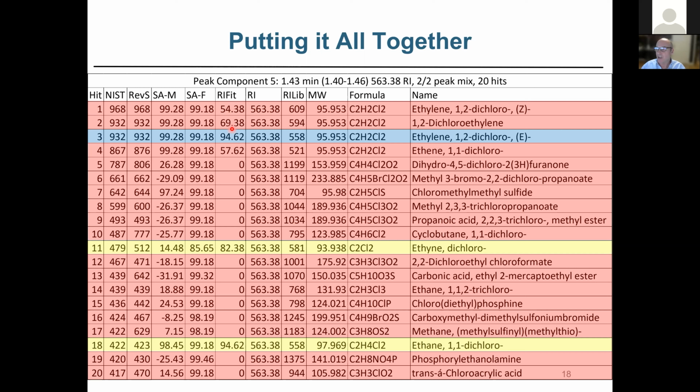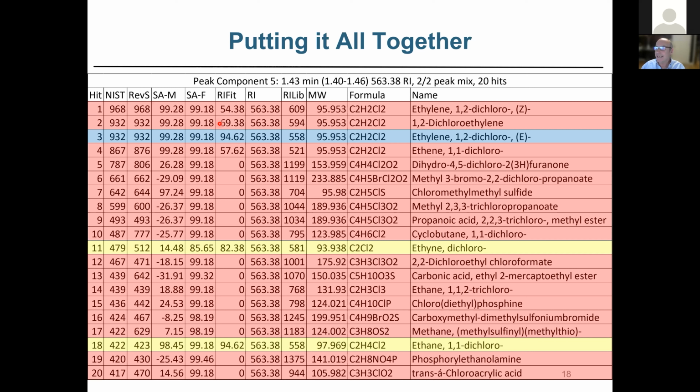If you look at the next compound, again, the matches are all good. The formula is confirmed. But the retention index fit is not that great. If you look at the third compound, you'll notice that indeed it has a very good retention index fit. So in all likelihood, I have a high degree of confidence in saying that's the right match. And you'll notice how this is color coded. And this is actually what we do in the product.